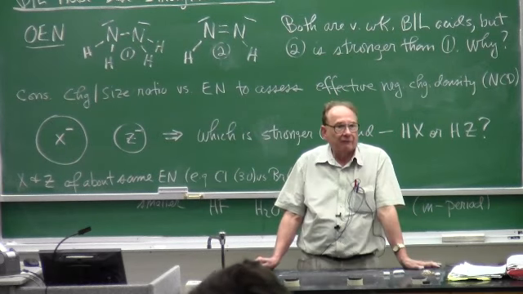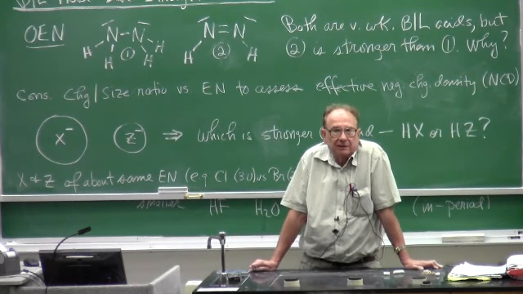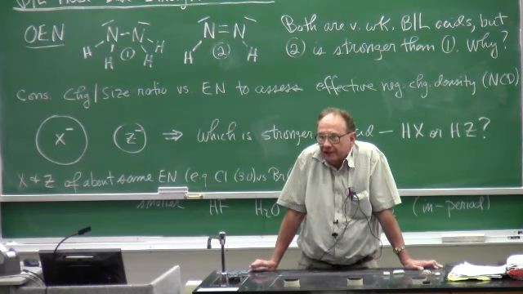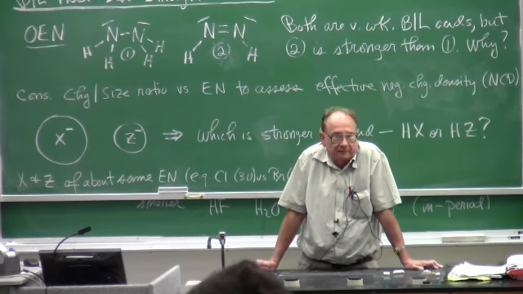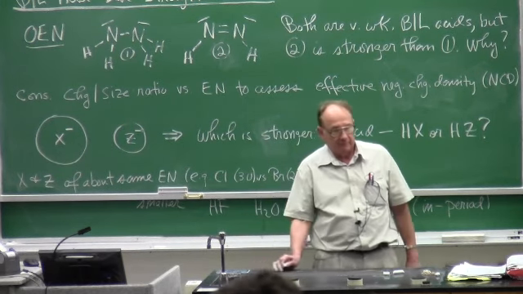Now, as it turns out, we really don't much care about electron density in f orbitals, because f electrons and f orbitals are rarely part of the valence environment of an atom. More on that later.